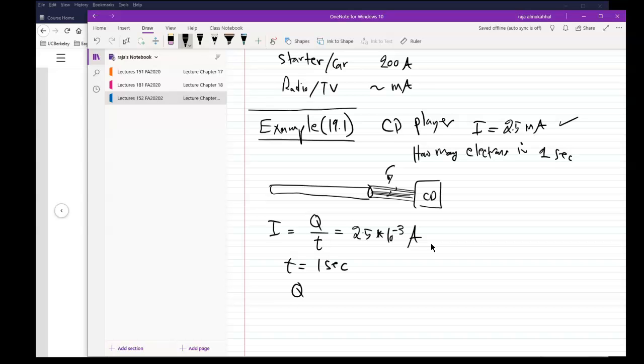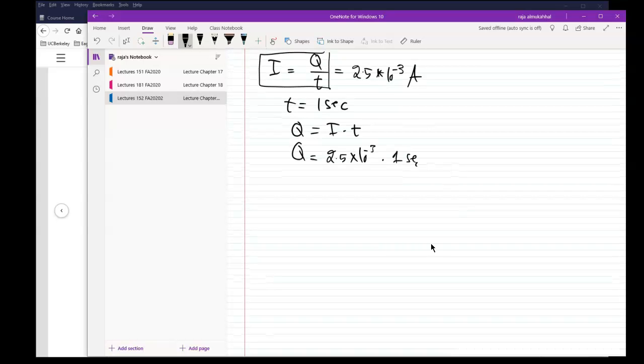Well, the charge in this case, if I look at the algebra here, I just cross multiply. So Q is equal to I times T. So Q is equal to 2.5 times 10 to the negative 3 times 1 second, right?